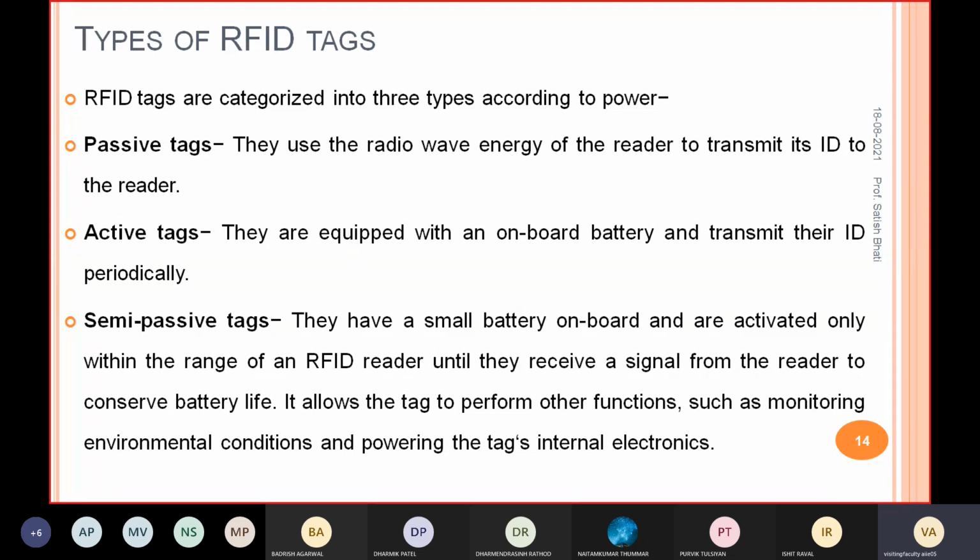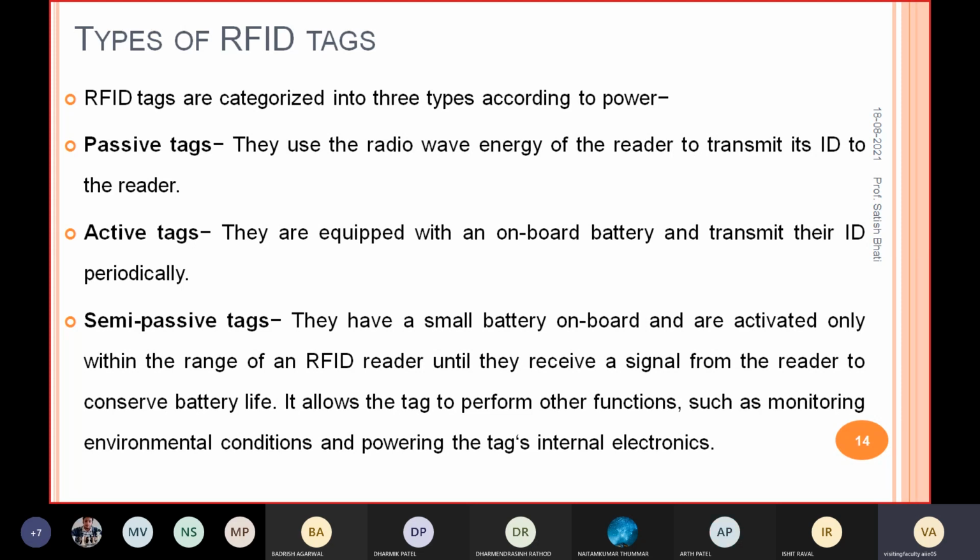So first we'll see the RFID tag, right? For the RFID tag, we have seen what components are included, right? We have seen the block diagram, right? Now let's see the types. So you will find RFID tags of many types, right? These tags are categorized into three types if we take power into consideration.